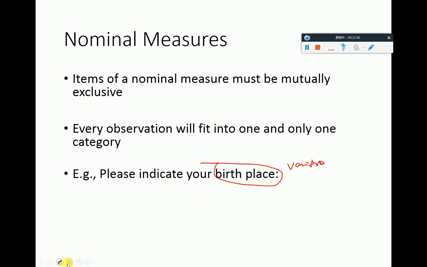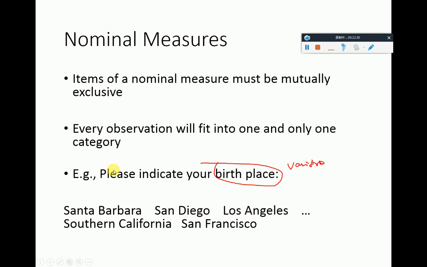But then the entire question will be a measure, right? The question plus all the choices will be a measure or a scale. Okay, so imagine that Andrew listed the following options. Please indicate your birthplace: Santa Barbara, San Diego, Los Angeles, Southern California, San Francisco, etc.